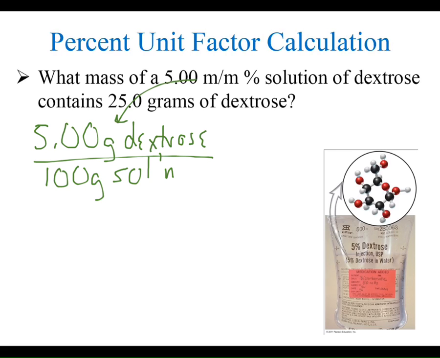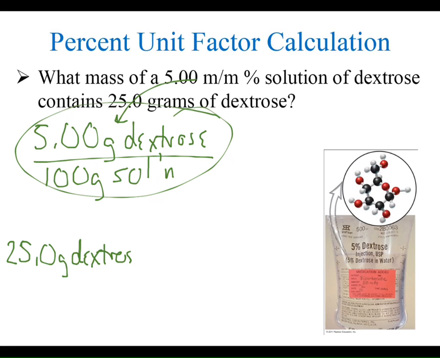So I have 25.0 grams of dextrose. How can I use this percentage to get rid of grams of dextrose and find grams of solution? Just flip it over and put it as a conversion factor.